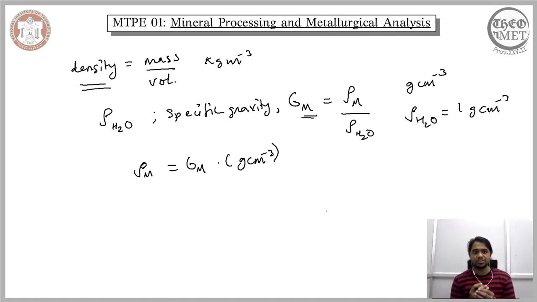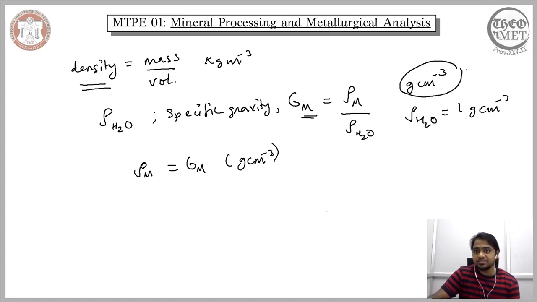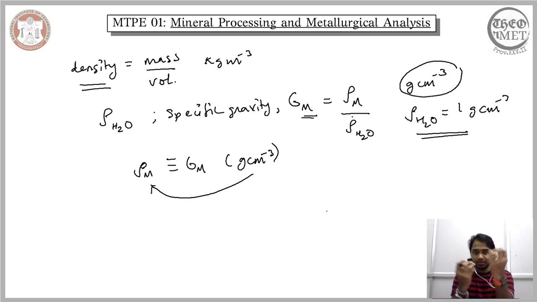So this translation from density to specific gravity is made easier when you consider grams per centimeter cube instead of kilogram per meter cube. The reason is that the density of water is unity, just 1 gram per centimeter cube, and therefore when you use such a treatment in identifying the specific gravity, since the units cancel out each other, you don't have to worry about what unit you consider for each of these individual densities.